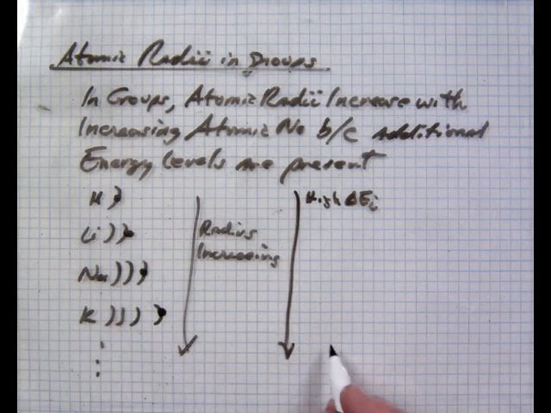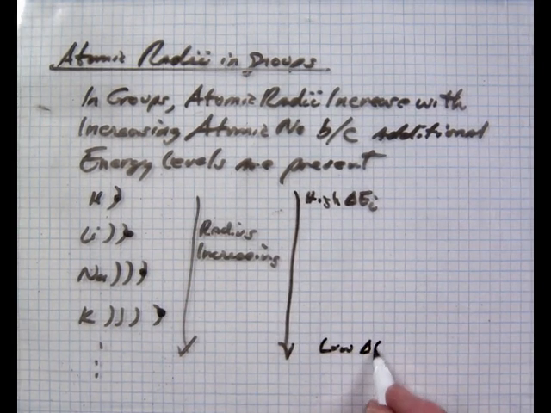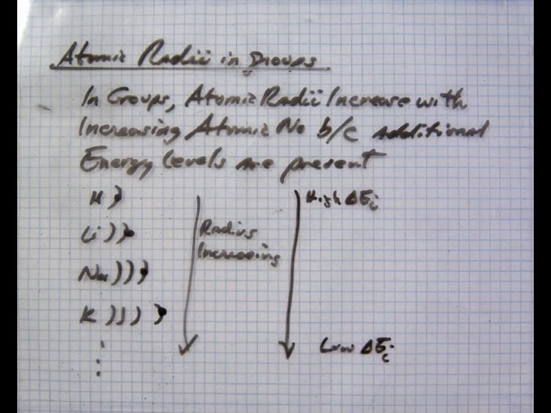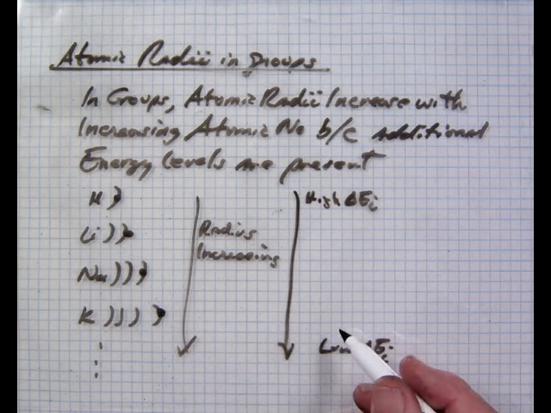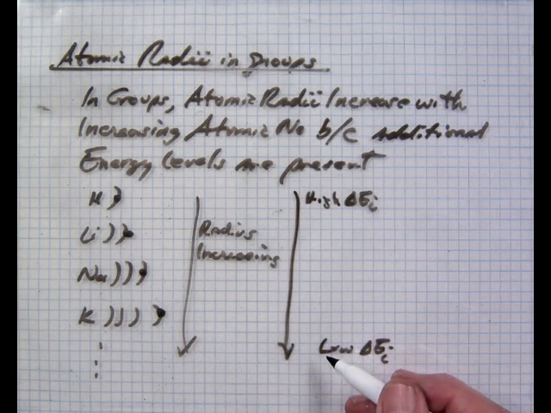And as you move down, we have a low delta E ionization as they get further away. It doesn't take as much energy because there's not much attraction between nucleus and valence. So we have a decreasing ionization energy with increasing radius.